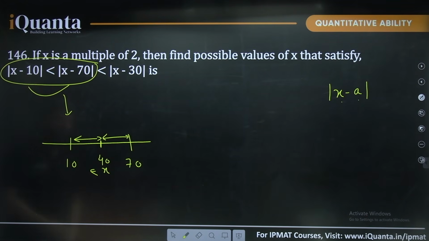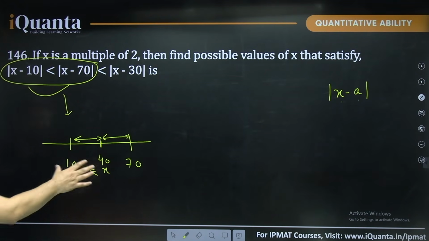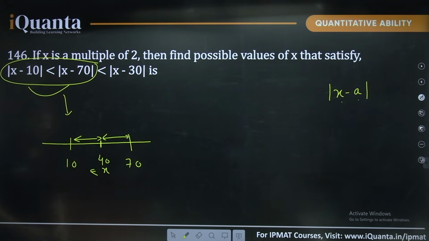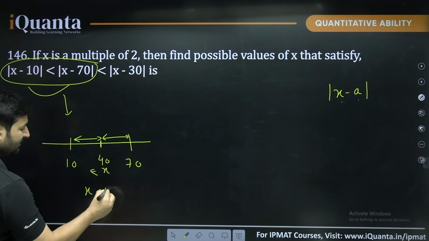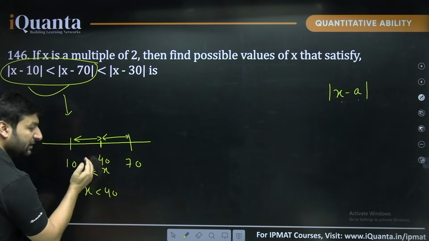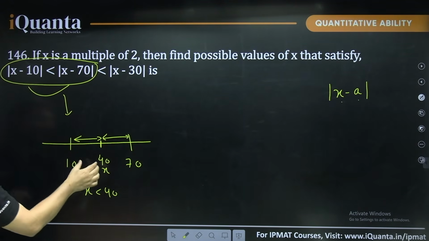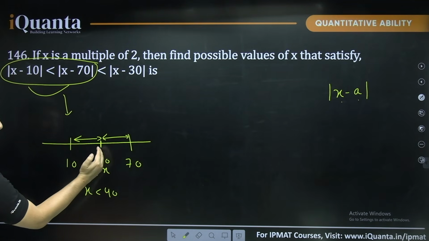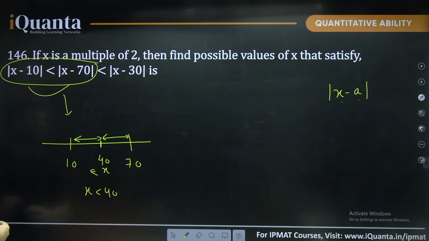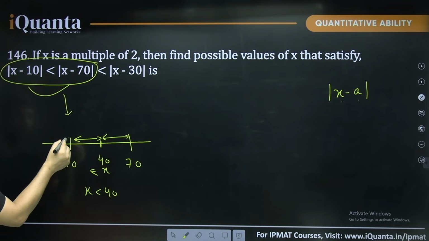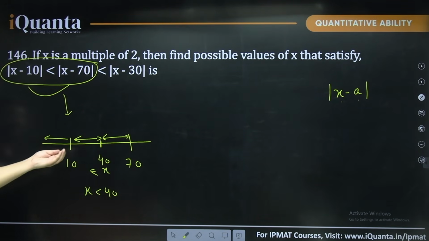This is what I need, isn't it? So obviously my x will lie less than 40. It should not be 40, because at 40 it is at equal distance from 10 and 70. So my x should be less than 40, and it can be anywhere around this.